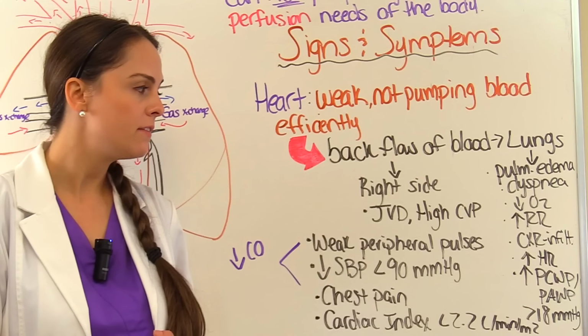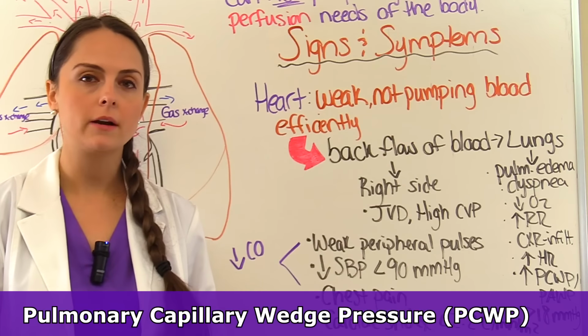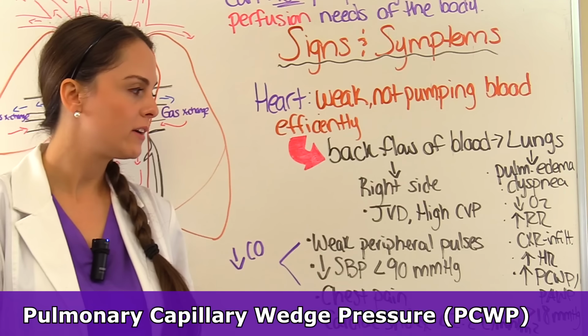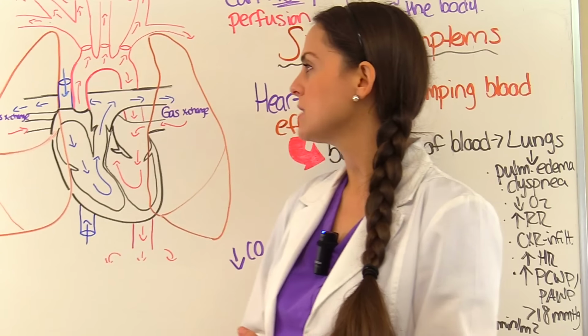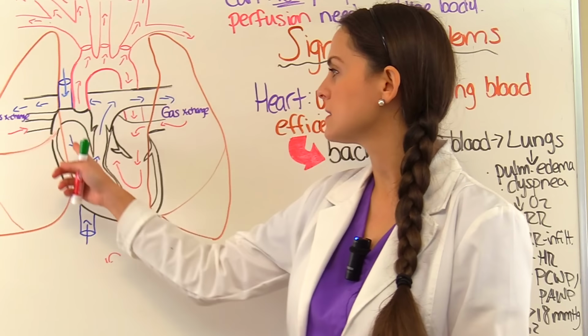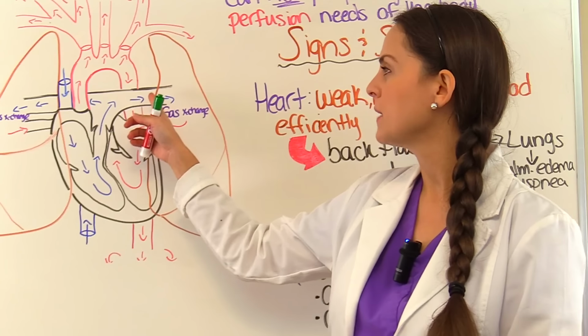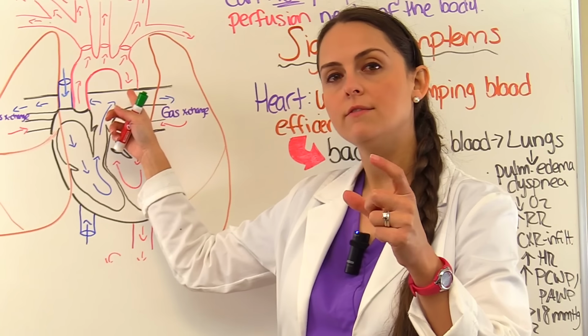They can have an elevated pulmonary capillary wedge pressure, also called a pulmonary artery wedge pressure, greater than 18 millimeters of mercury. And what this is, it's measured through a pulmonary artery catheter, goes in through the right side, up through this pulmonary artery. And the catheter on the end of it is like a balloon that can be inflated and deflated.